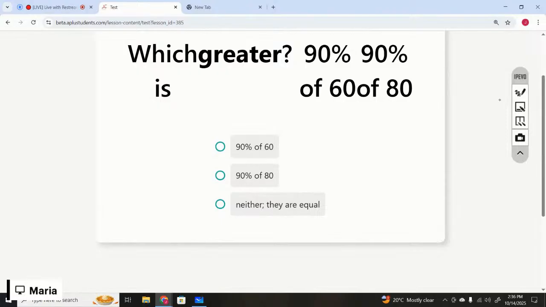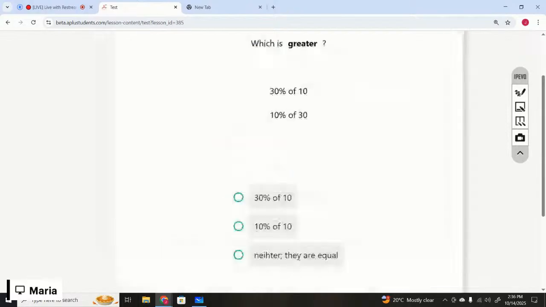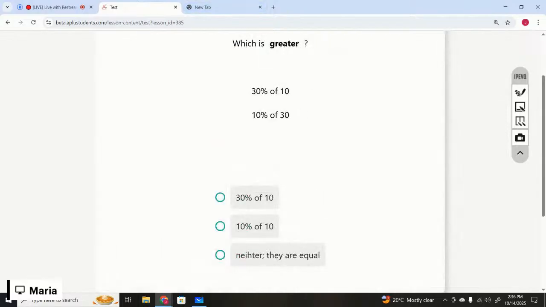Which is greater, 90% of 90 or 90% of 80? That is, 90% of 90 is greater than 90% of 80.